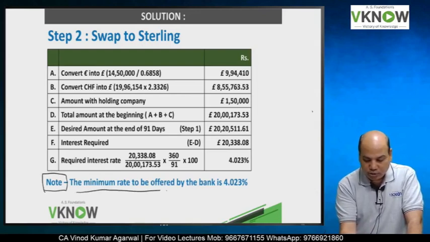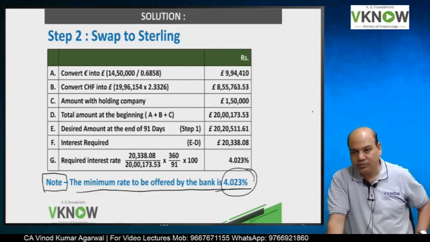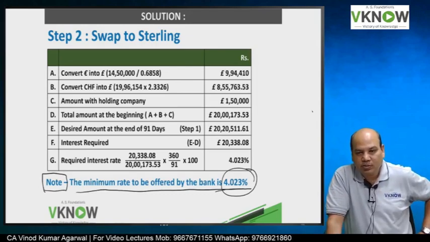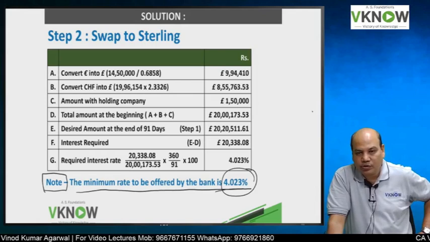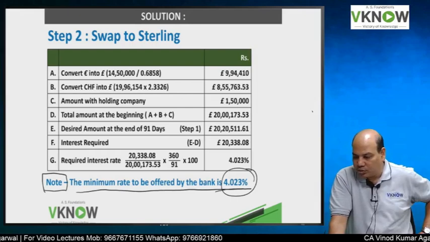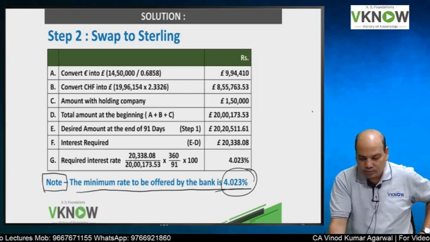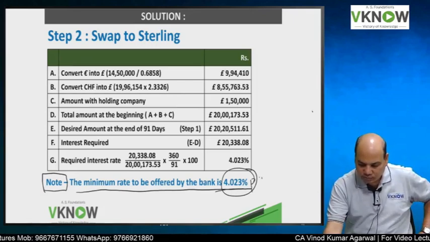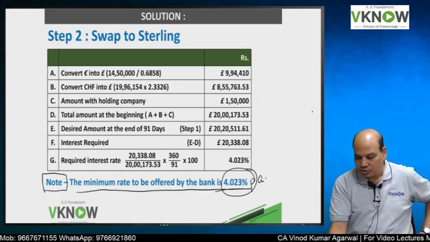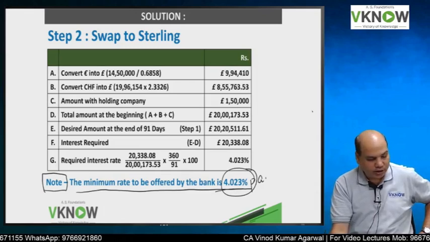The minimum rate to be offered by the bank is 4.023% per annum. You can write per annum. Very simple if you use the correct rates.